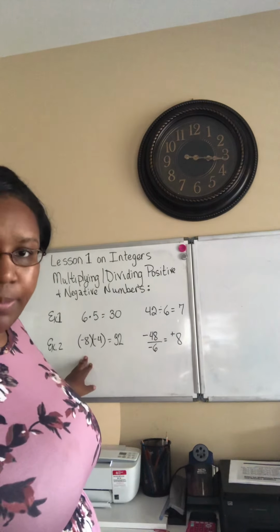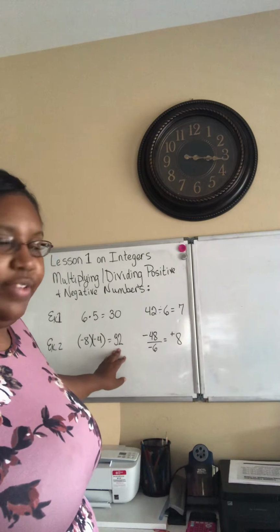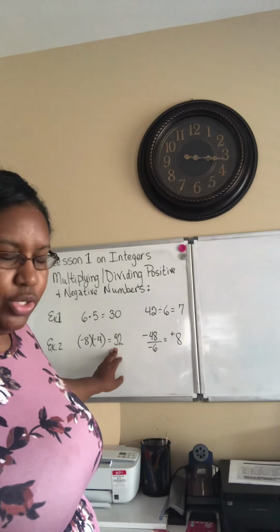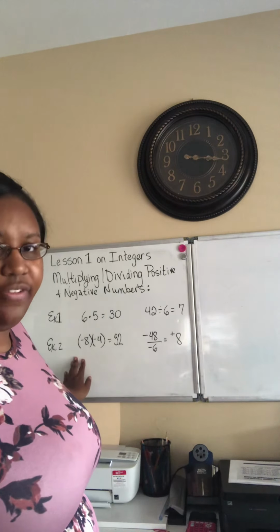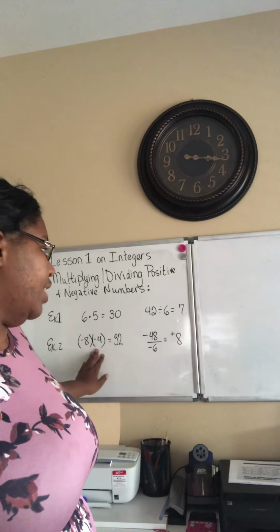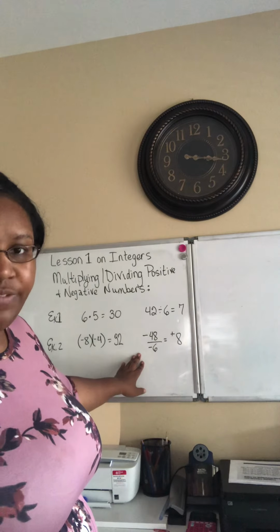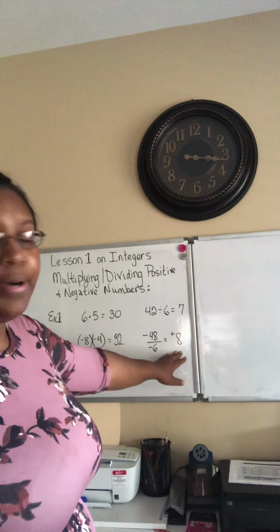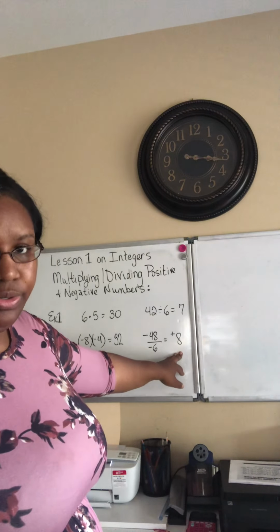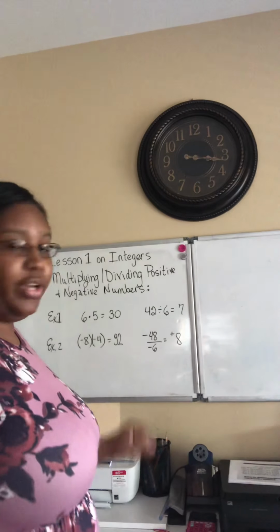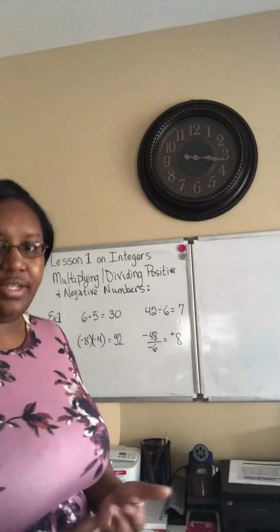Two negative numbers multiplied together give a positive answer. Two negative numbers divided together give a positive answer. So 2 of the scenarios you have will give you a positive answer.